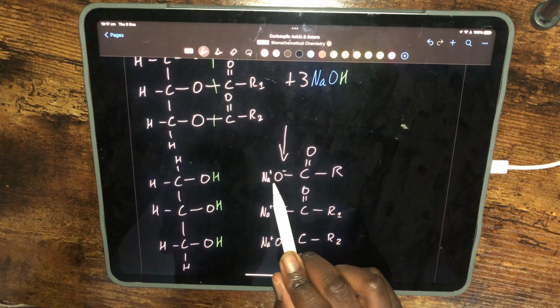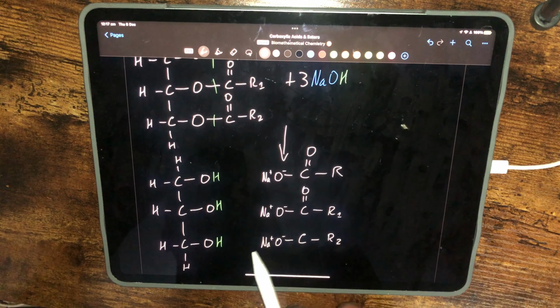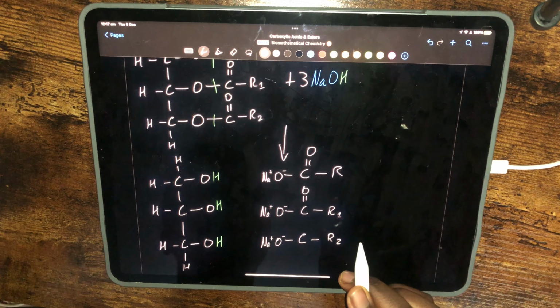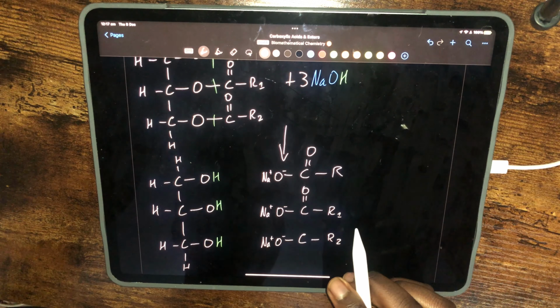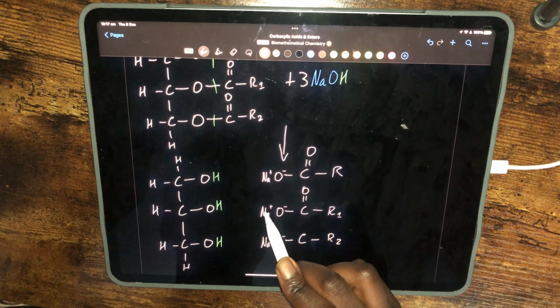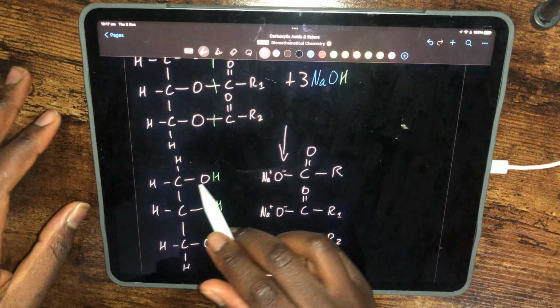So this part here would obviously dissociate in solution, the sodium part, but remember, water is polar, right? So the O minus would attract to the partially positive hydrogen atom on water, and that would adhere to the water.